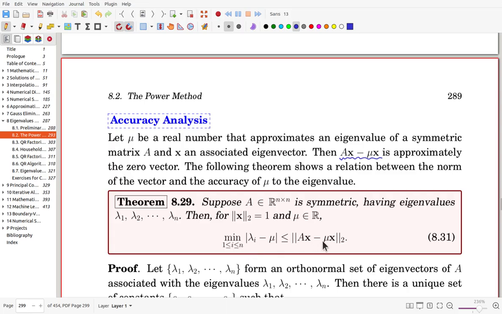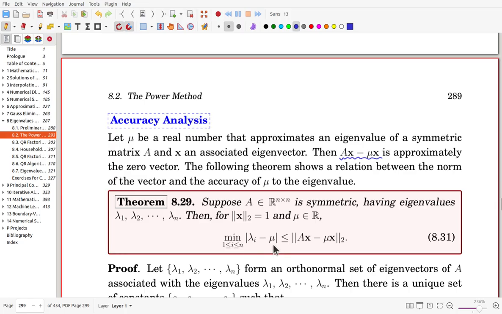For any mu, this quantity is always larger than or equal to this quantity. You can find some eigenvalue such that, so it's a minimum, measuring from mu to lambda i, among all eigenvalues, you can find the minimum value.